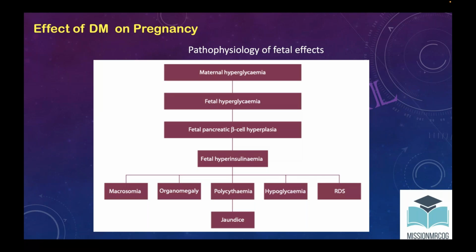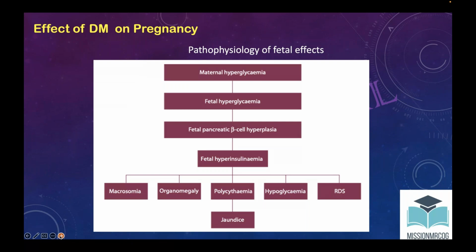Because of this insulin, there is macrosomia, organomegaly, polycythemia, hypoglycemia, RDS, and jaundice. You have to know this part, because the question comes from here. Again I'm saying, these are macrosomia, organomegaly, polycythemia, hypoglycemia, and RDS. These are the fetal effects of the pathology, and usually from here you will get a question in the exam. So it is important for you to know.